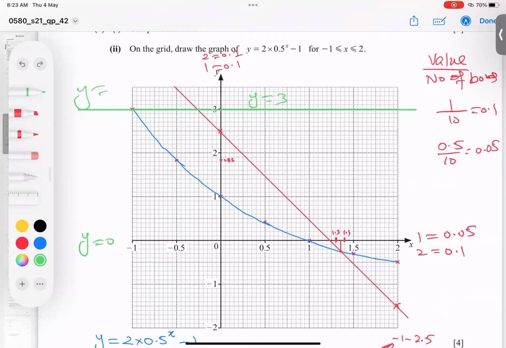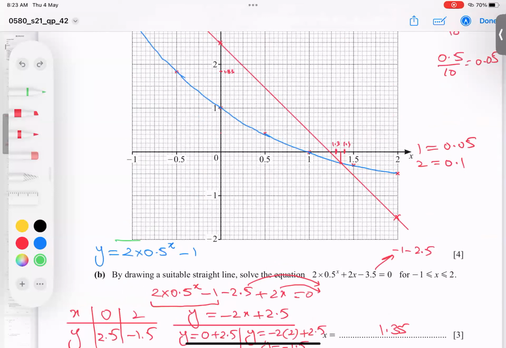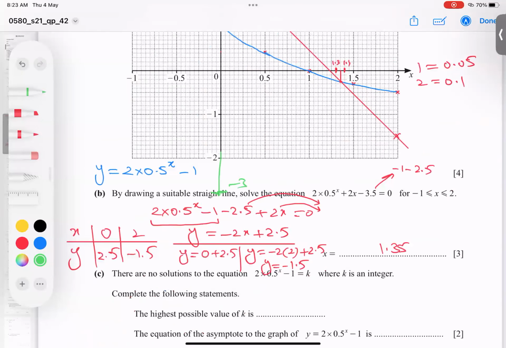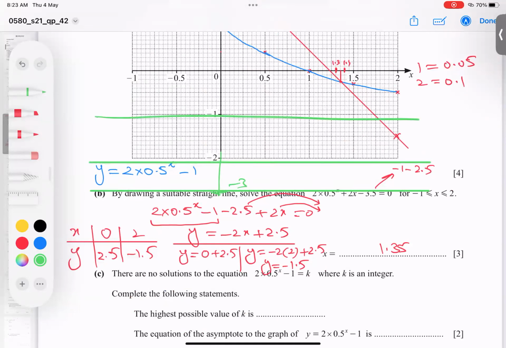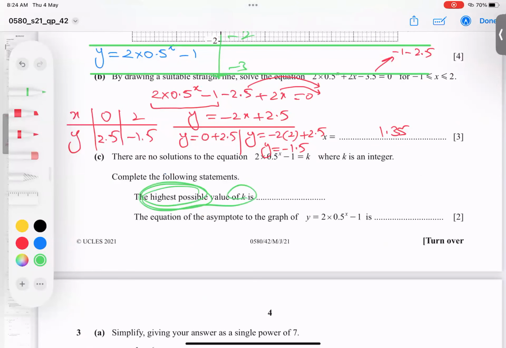So he was asking, give me an integer which has no solution. And for your knowledge, let's find out where it has no solution. For example, through -2, the line is here, no solution. Down is -3, no solution. -2, no solution. -1, no solution. Among these three numbers, -3, -2, -1, what is the largest possible value?